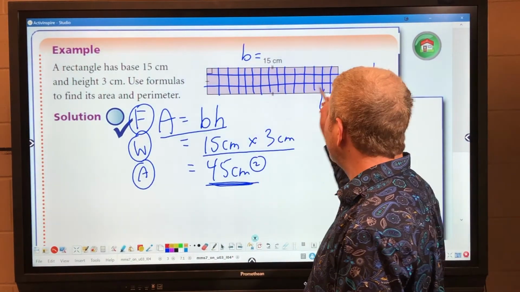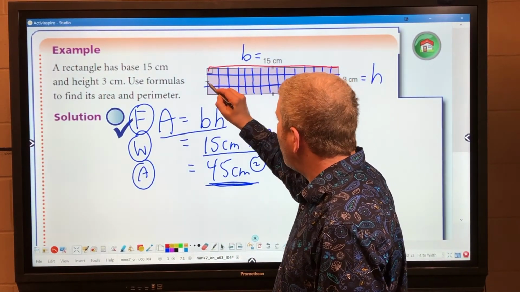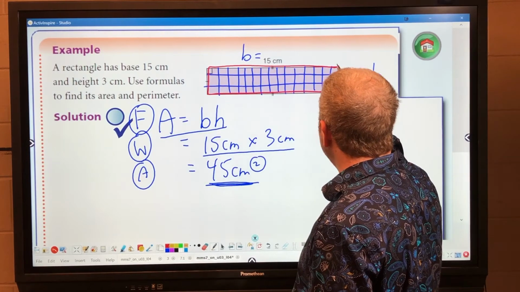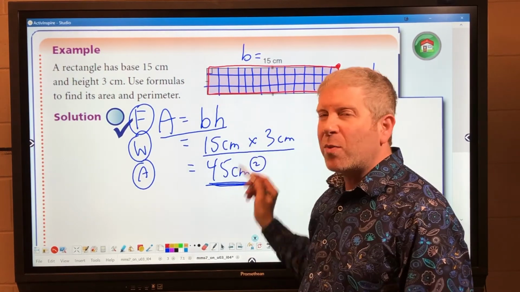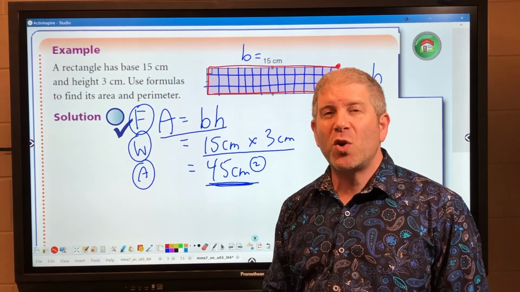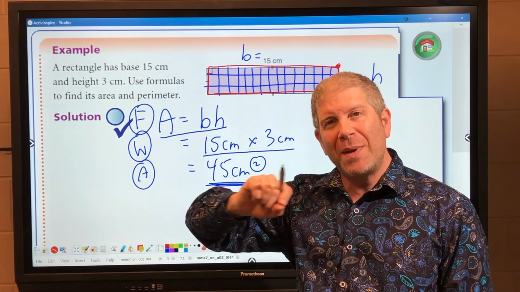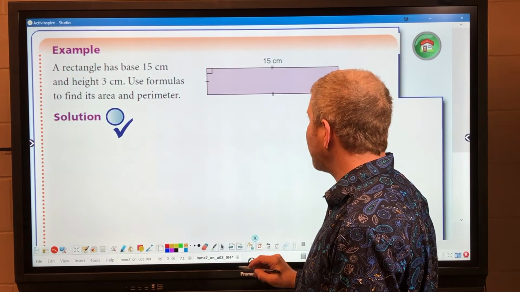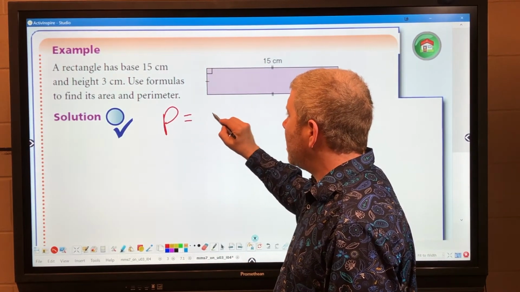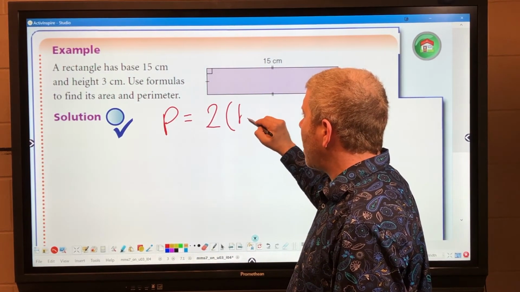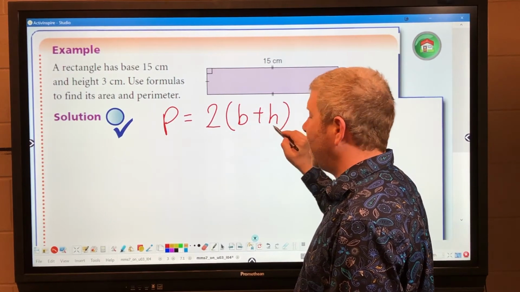Perimeter, on the other hand, means we're walking all the way around. We're starting maybe from here, and we're walking all the way around with a piece of string. And so it will not be in square units, it will just be a linear dimension. Linear means a line. So let's take a look at that. Perimeter equals 2 times my base plus my height.